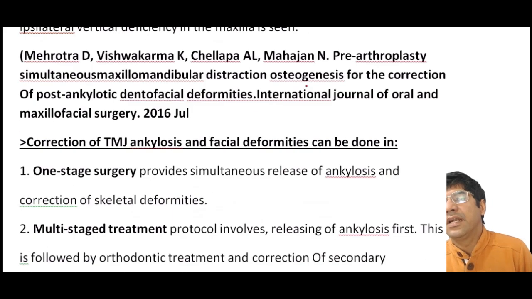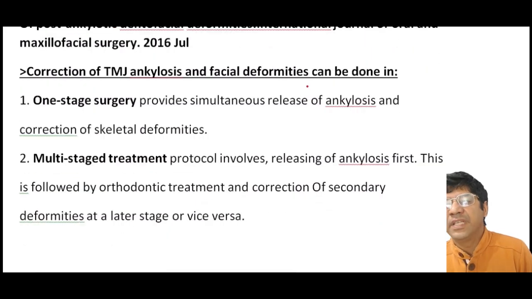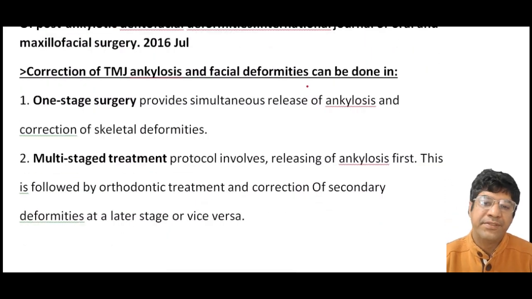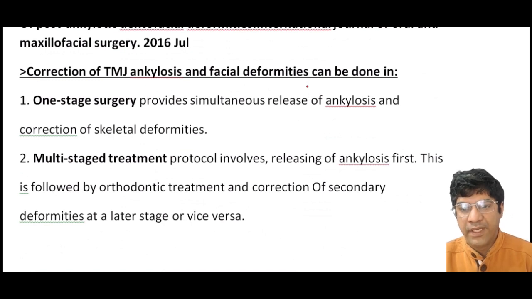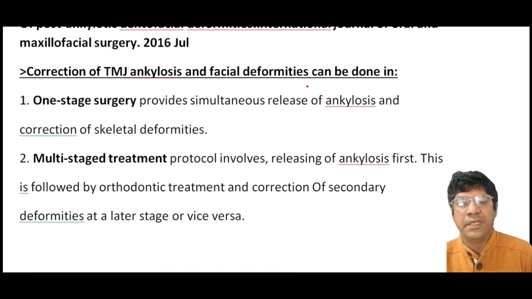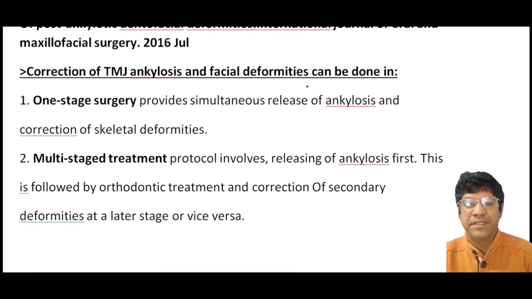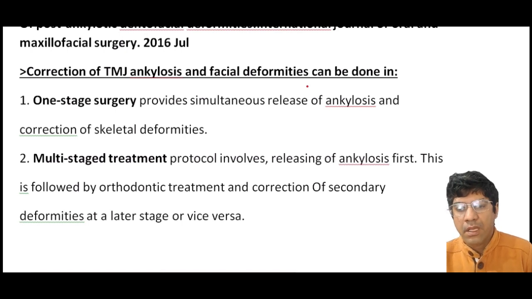So the treatment that we can consider is either one-stage surgery or a multi-stage protocol. The one-stage surgery involves a single surgical procedure that includes both the release of TMJ ankylosis and correction of the associated skeletal deformity simultaneously. Whereas in multi-stage, initially the ankylosis is surgically released.